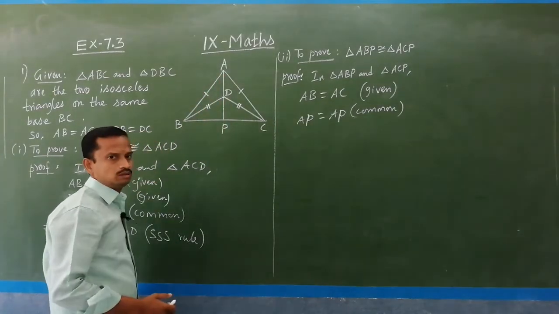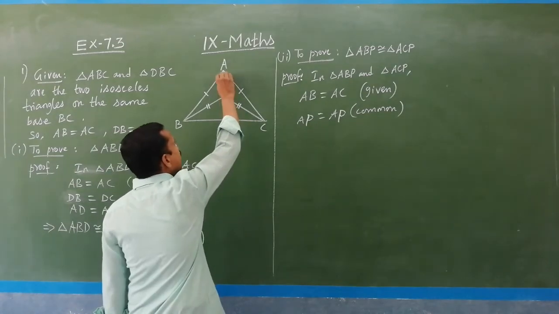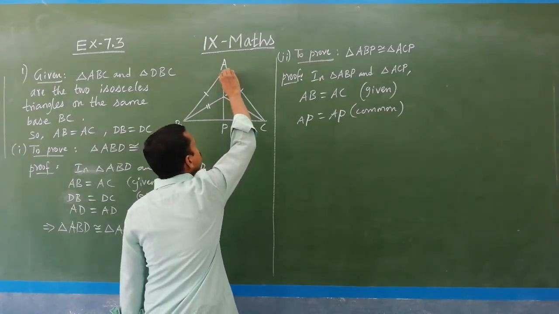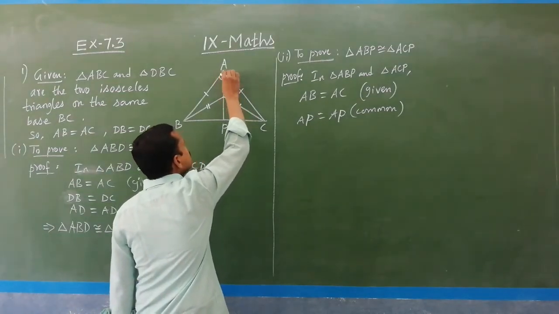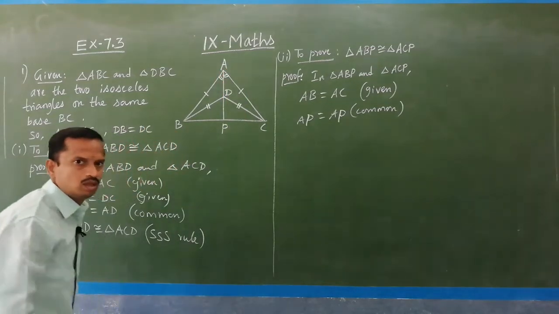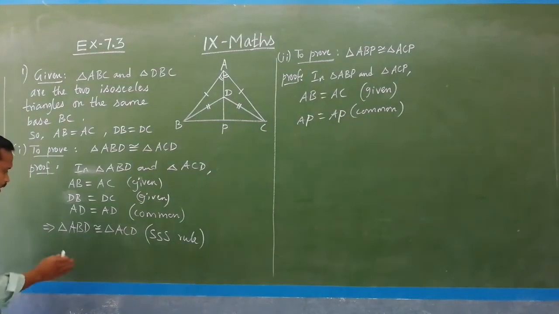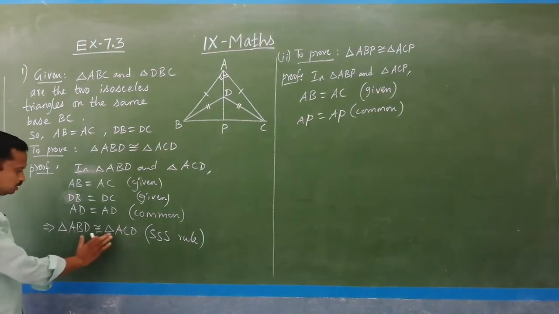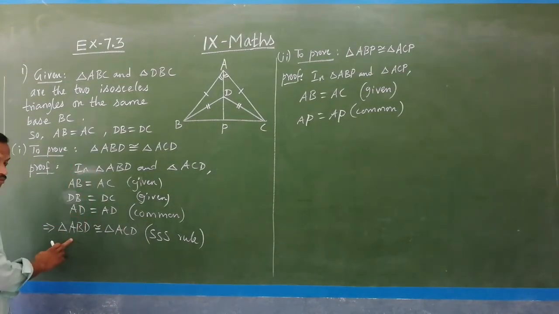And one more thing, these 2 angles we can take, but you have to say these 2 are equal. Is it clear? How to say? Because in the previous proof these 2 triangles, ABD and ACD, are congruent.